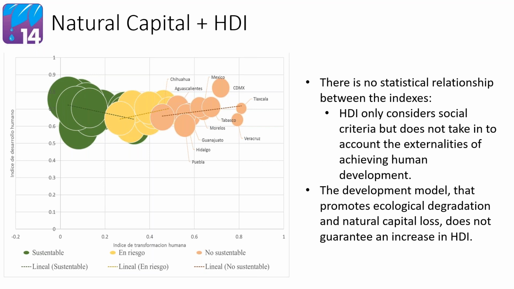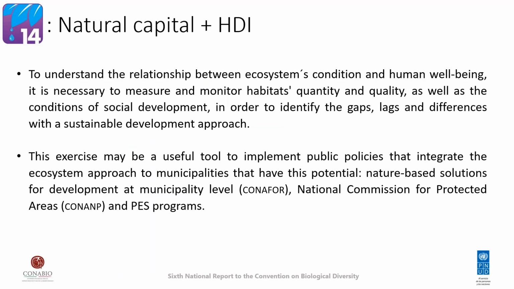But this exercise shows us the development model itself in Mexico. It's promoting ecological degradation and natural capital loss, and it doesn't guarantee an increase in HDI levels however it is measured. Next slide, please.